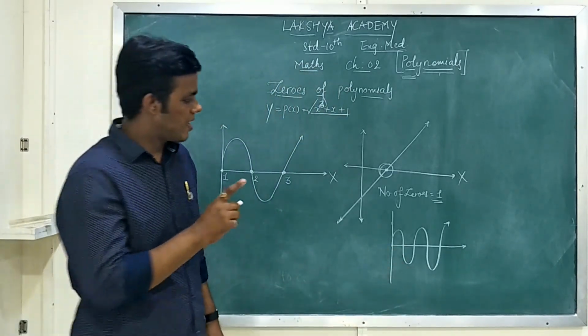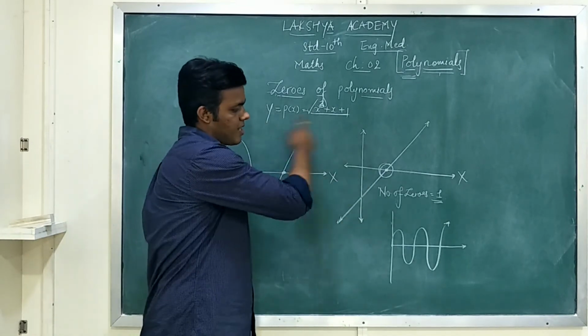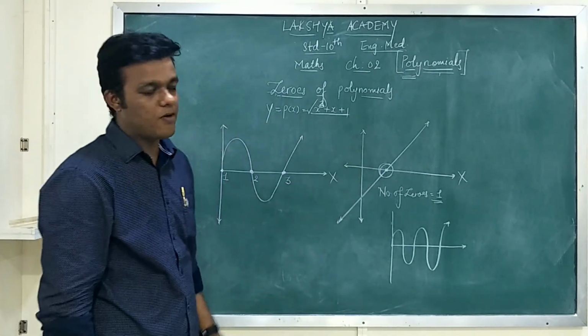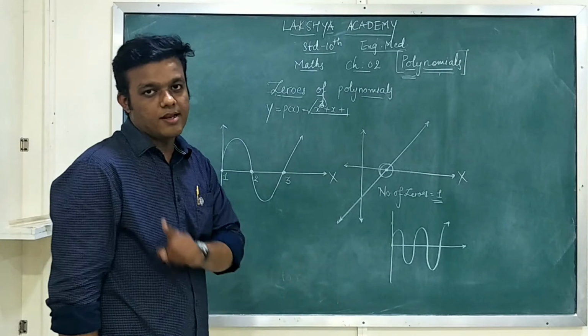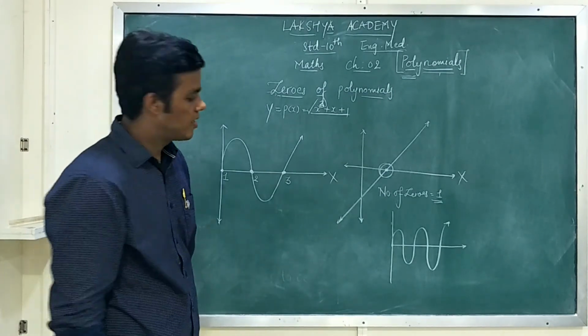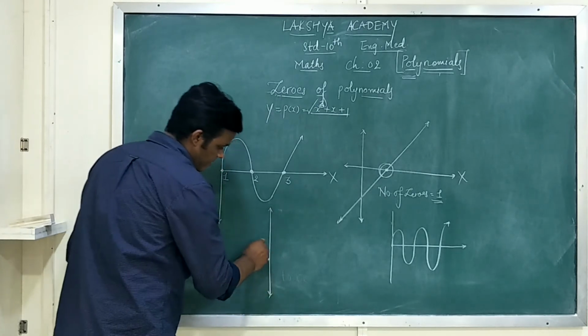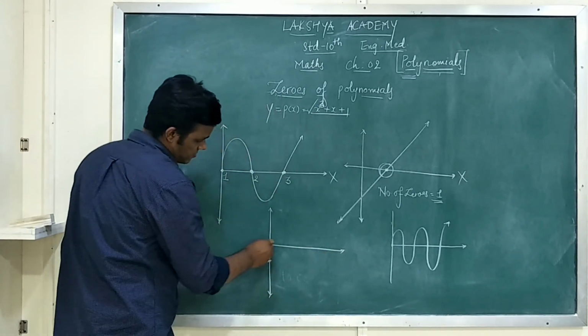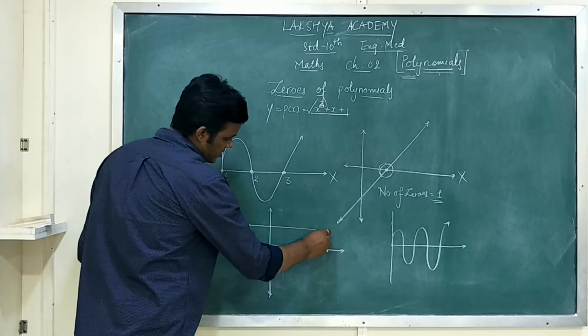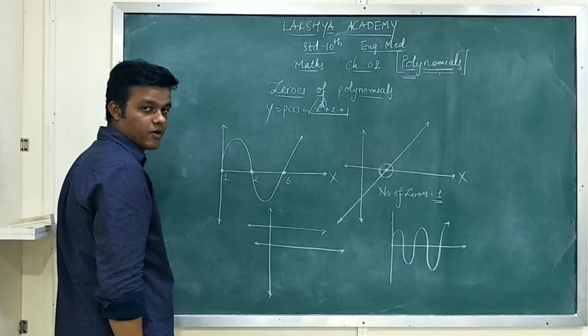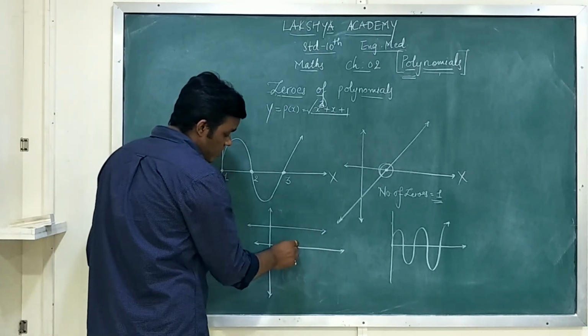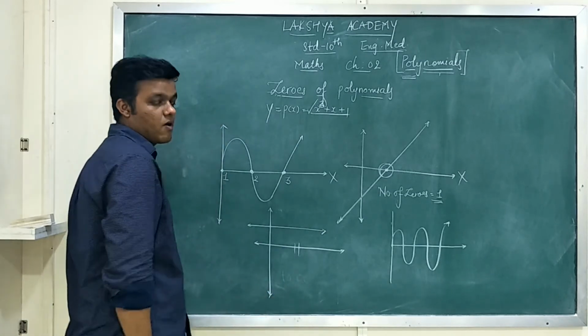You have an exercise to tell the number of zeros from the graph in your chapter 2, right? Suppose the graph is about like this. This is the line of a polynomial. So it is not intersecting the x-axis at all.